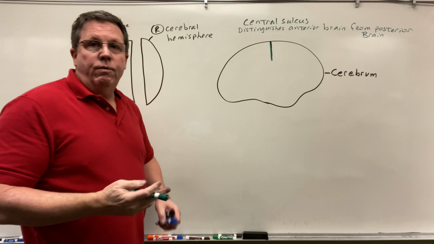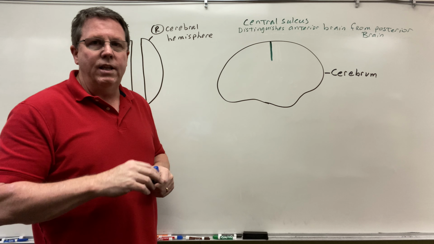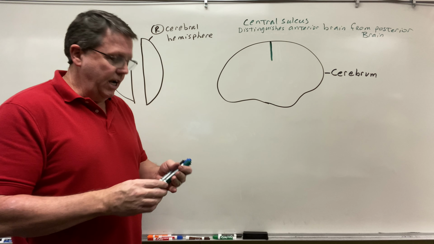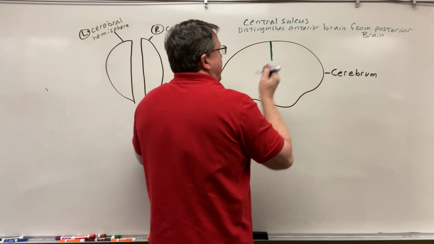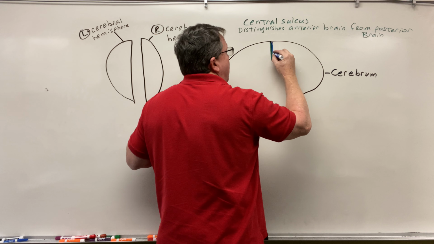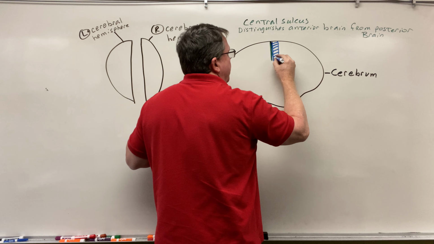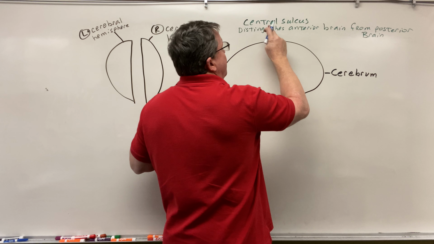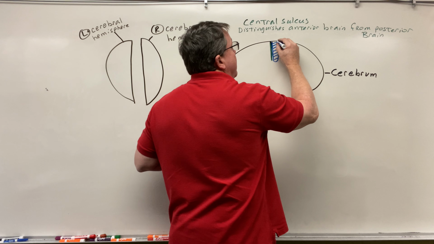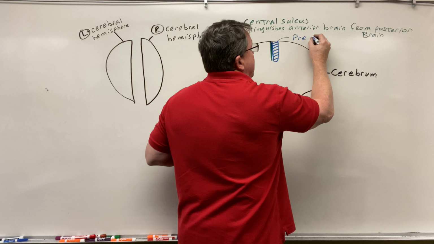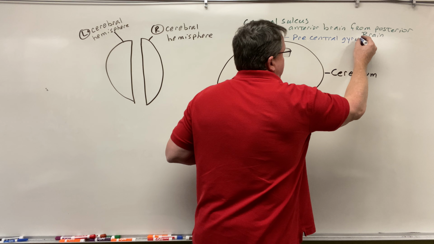So, like I said, you have solid parts of the brain. That's the part you're used to seeing, the part that looks real squiggly and wormy-like. And those are called gyri. So, in front of the central sulcus, we have a gyri, or gyrus. Gyrus is singular, gyri is plural, right? And because it's in front of the central sulcus, we're going to call this the precentral gyrus, okay?